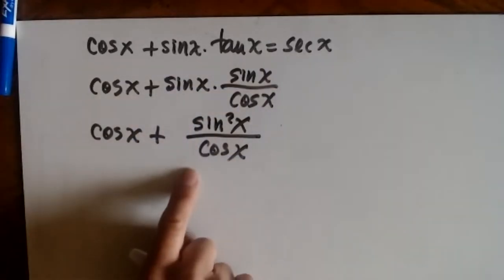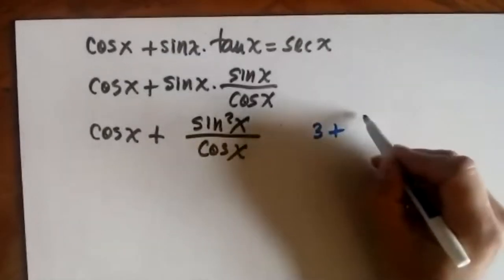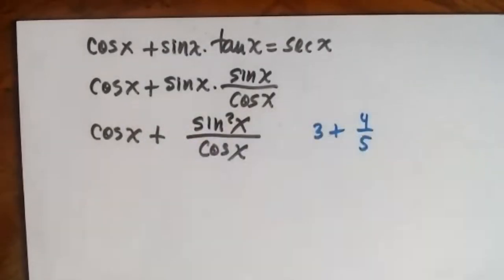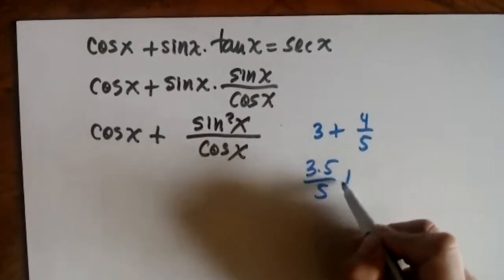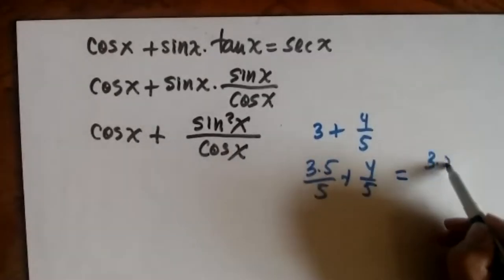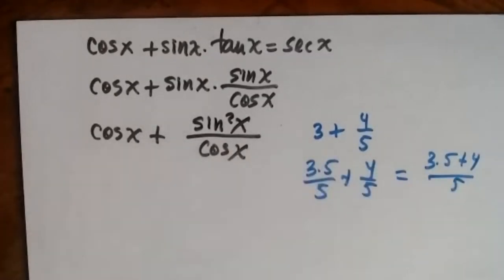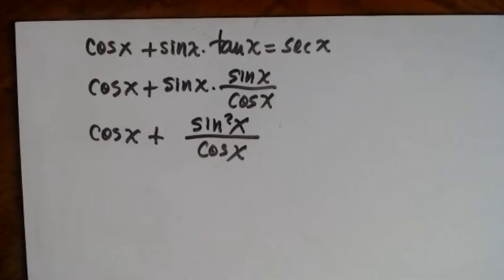Now how do you do the fraction? Remember your fractions. If you have 3 plus 4/5, you put 3 times 5 over 5 plus 4 over 5, and then you do 3 times 5 plus 4 over 5. Everybody knows those fractions, correct? So I'm going to do the same. Remember, these are numbers, so they follow the same rules.